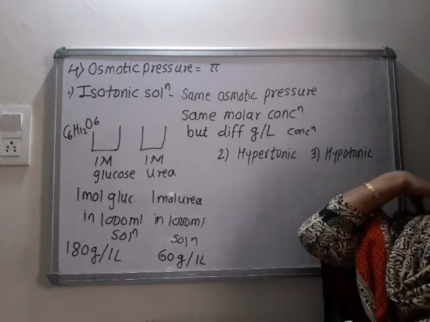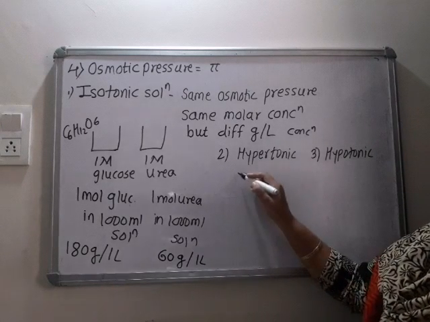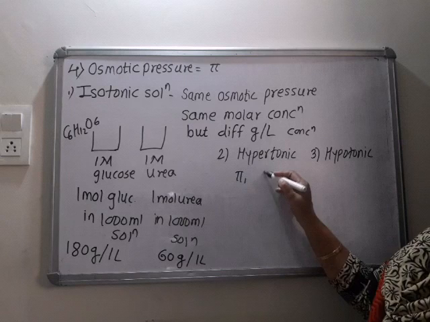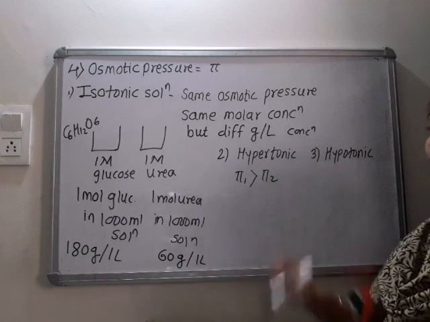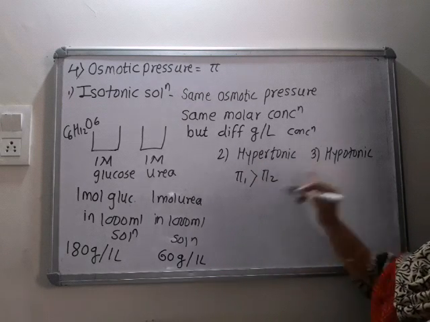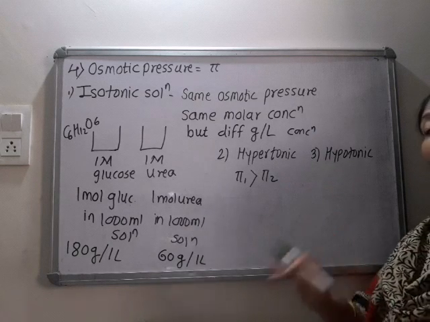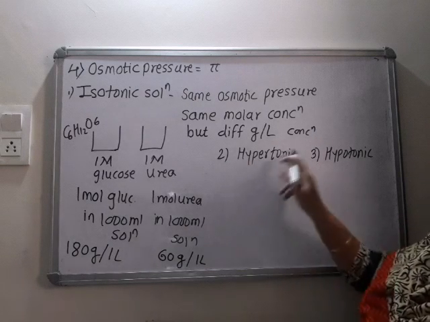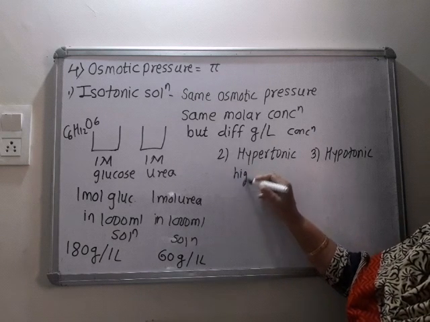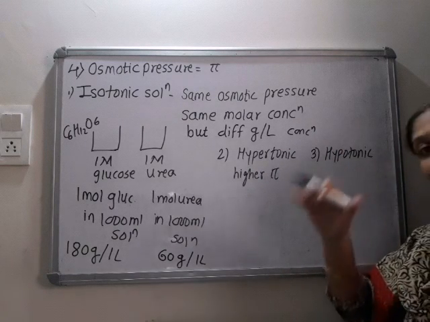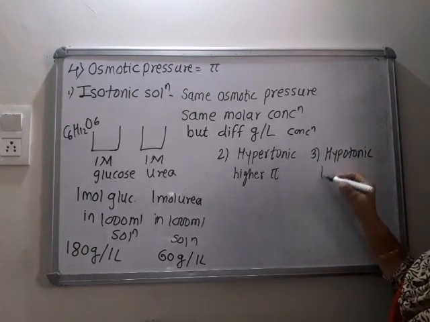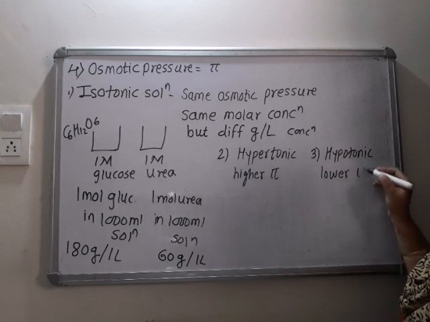Suppose two solutions are there, pi 1 and pi 2. So pi 1 is greater. So pi 1 is said to be hypertonic solution, and pi 2 is said to be hypotonic solution. So hypertonic has higher osmotic pressure, and hypo means low, so lower osmotic pressure.